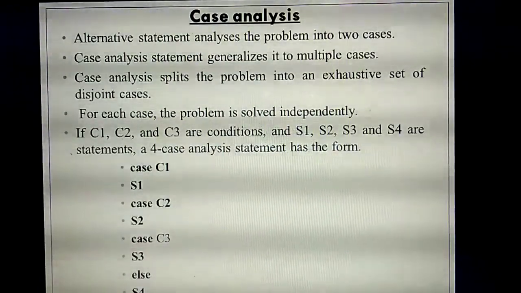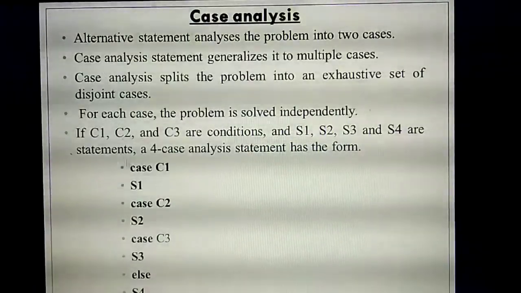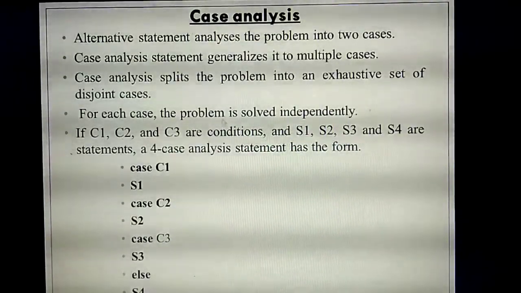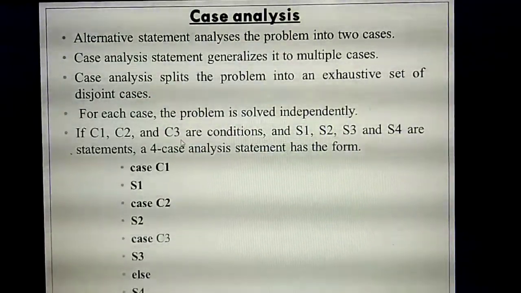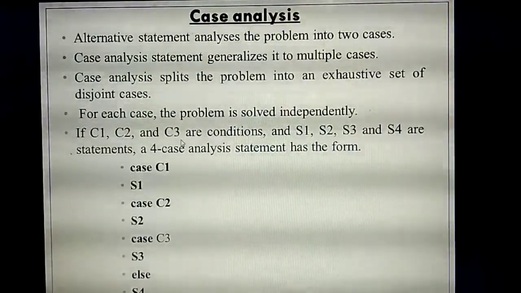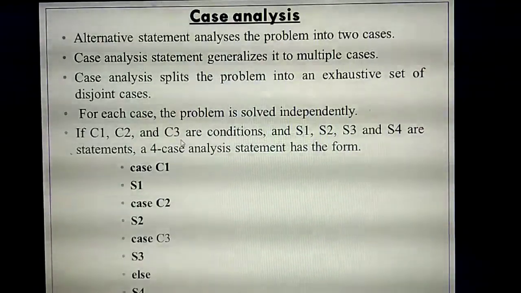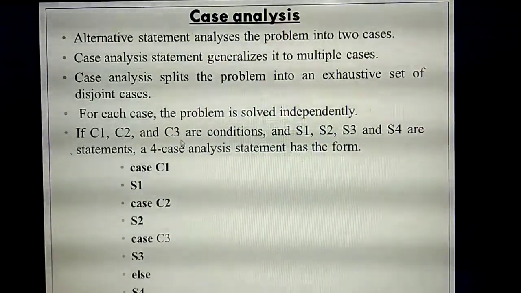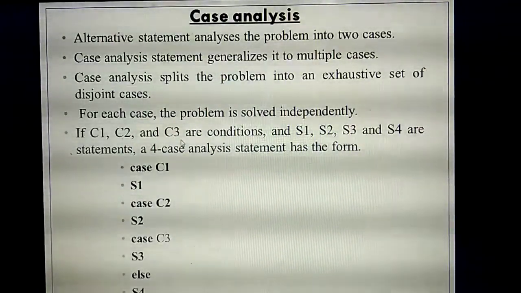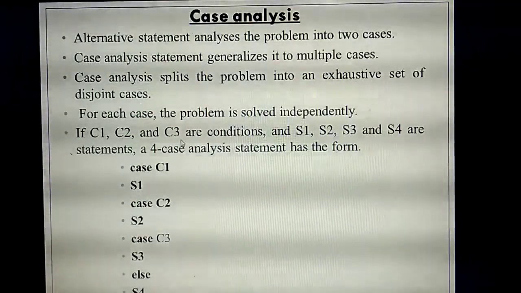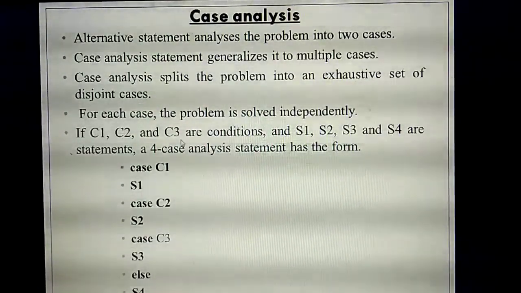So listen, one example they have given. C1, C2 and C3 are conditions. How many conditions are we giving? Three conditions. What are the names of the conditions? C1, C2 and C3. Okay. For these three conditions, you are giving four statements. How many statements?